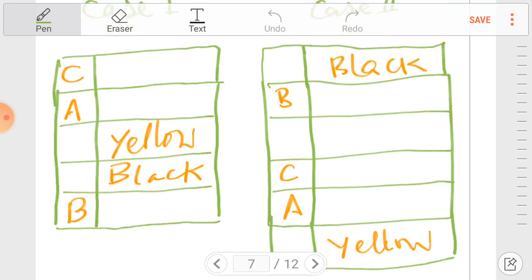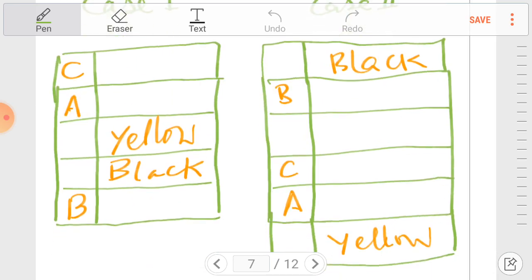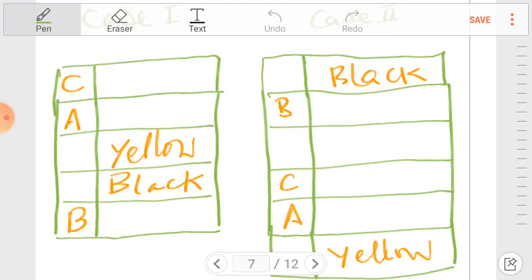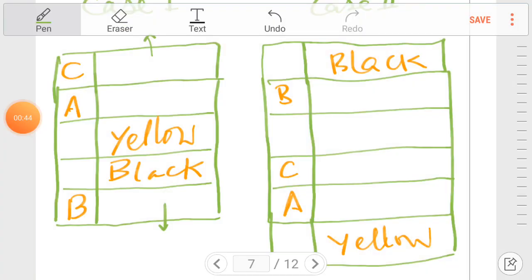So in case 1, the third one from the yellow color box is green. It may be at the upward side or downward side from yellow color, because yellow color is at the center. But in case 2, surely the green color is at the upward side and it can be filled here.